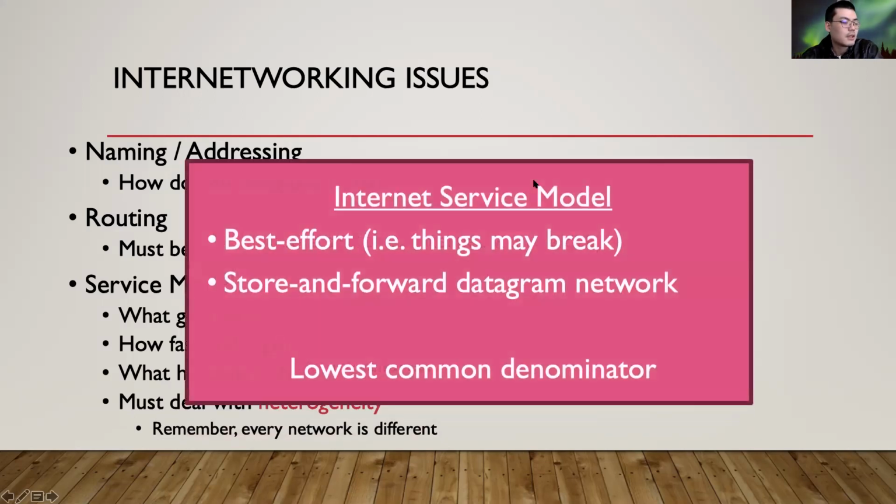Okay, so the internet service model is what we call the best effort one. Things may break. There's no guarantee. If things break, then you retransmit or you find another route. And each router is very simple, as we discussed very early. When it gets something from an incoming port, it will just store it in a buffer, and then forward it to the outgoing port.